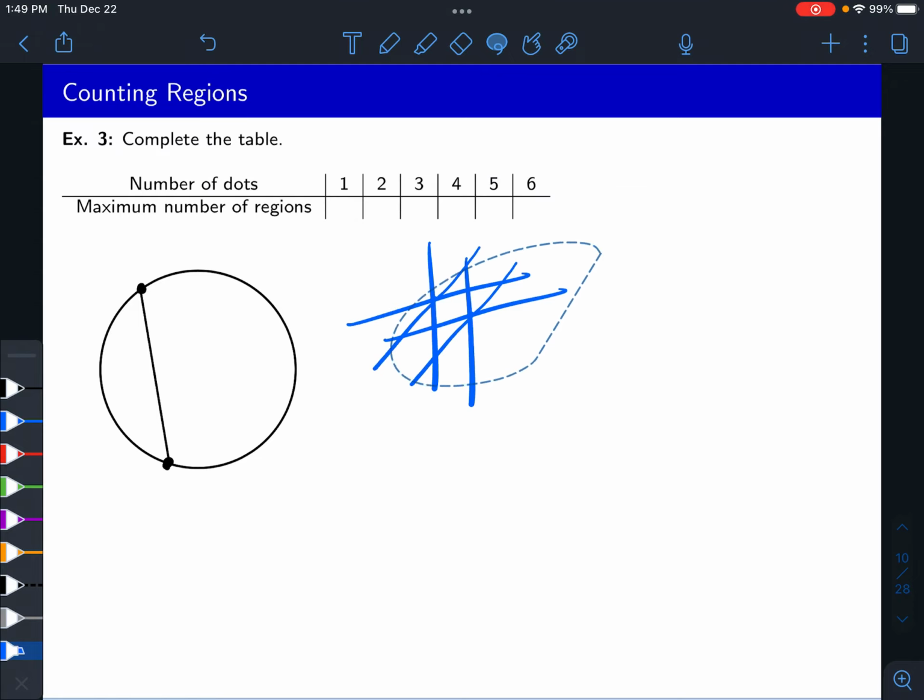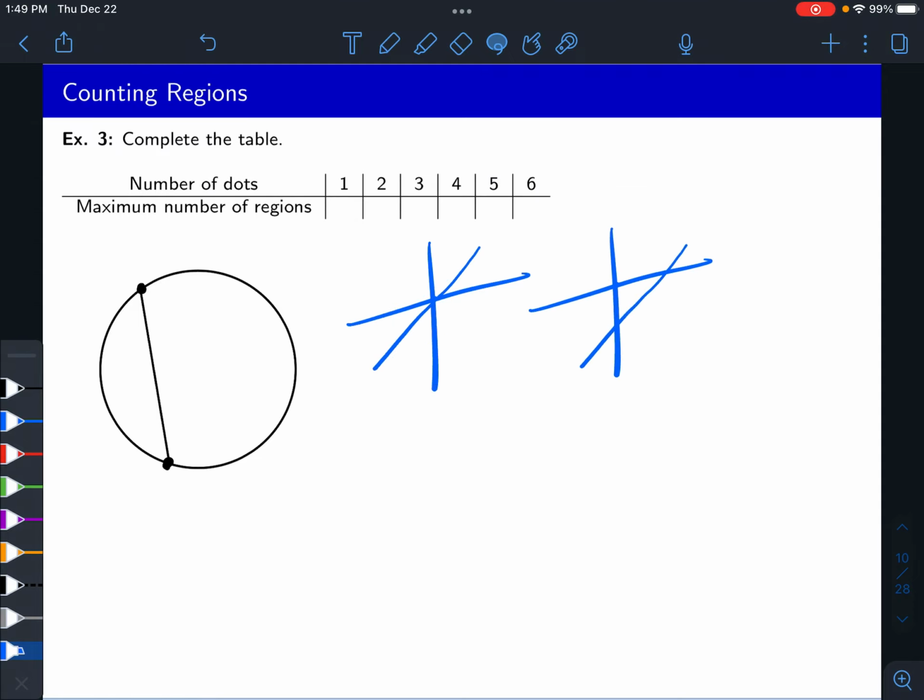These create different numbers of regions. This would have 6, this would have 7 regions. So let's just be simple and say the maximum number of regions that you can get when doing this. All right, so let's fill in this table.